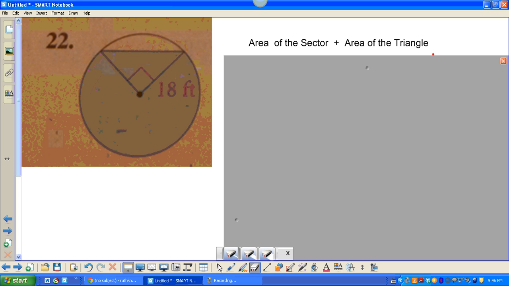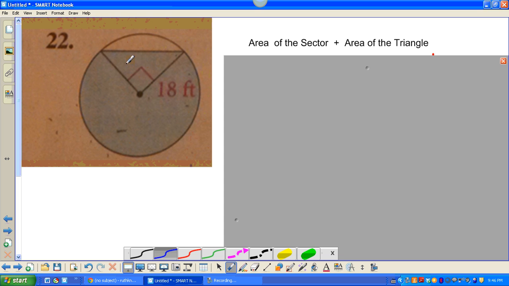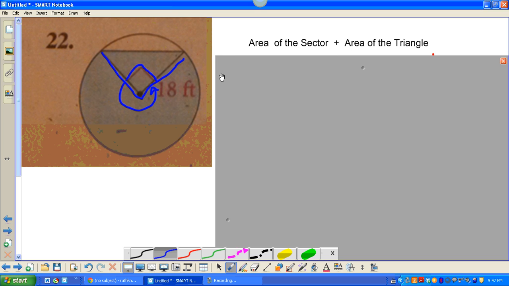For the area of the sector, since this is a 90-degree angle right here, that means that this big angle from here to here is going to be 360 minus 90, otherwise known as 270.